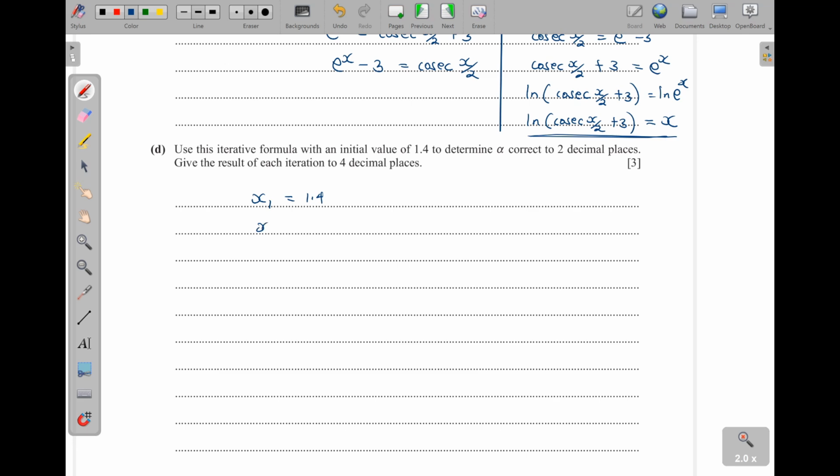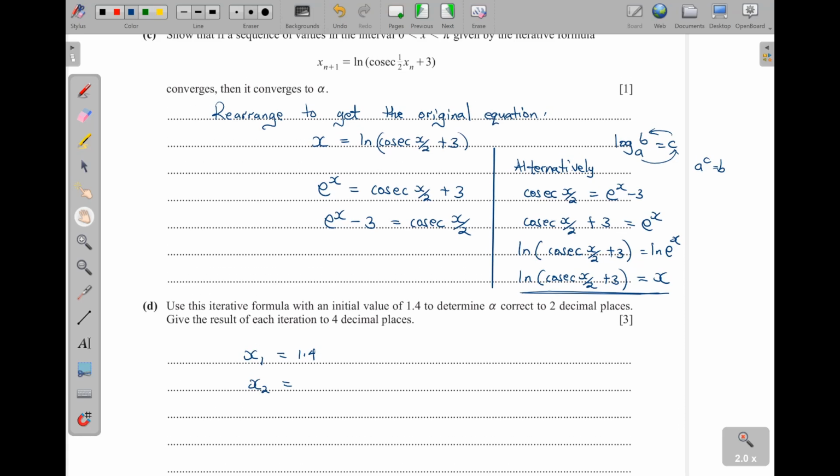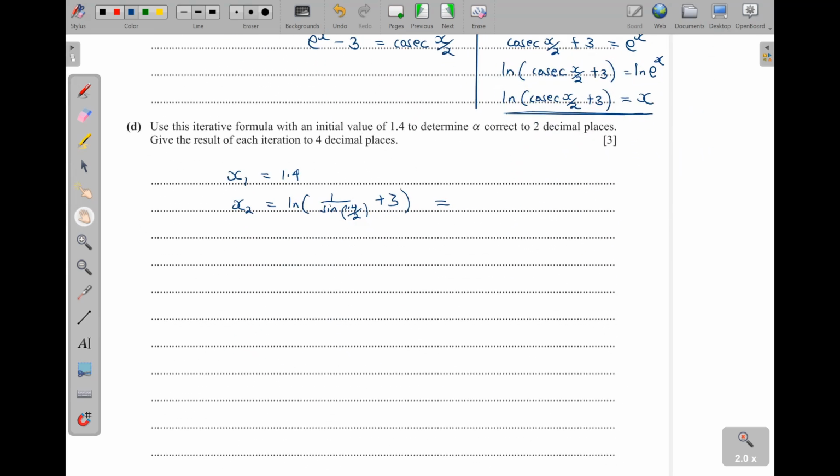And then for my x2, I'm going to substitute in the iterative formula given here. So x2 is equal to the natural log of cosec, which is 1 over sine, of 1.4 divided by 2, and then from there you add 3. Let's put this in the calculator. Remember, the calculator must be in radians.